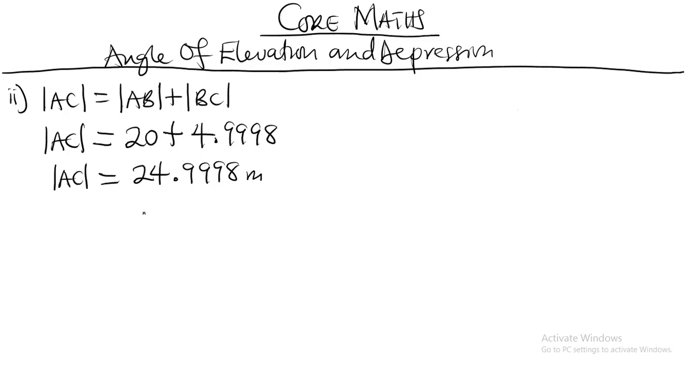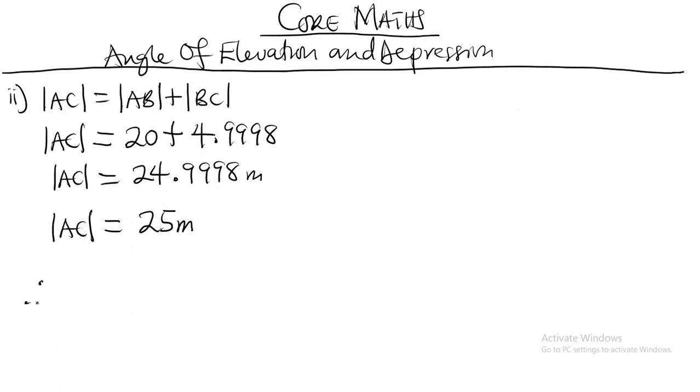But remember, we're told to find it to the nearest meter. 24.9998 meters to the nearest meter will give us 25. So the distance between A and the foot of the tower is 25 meters.